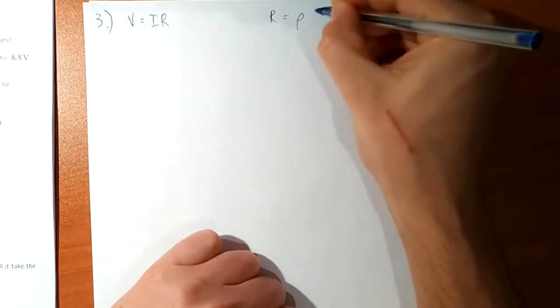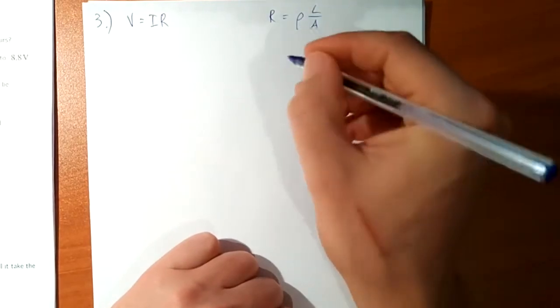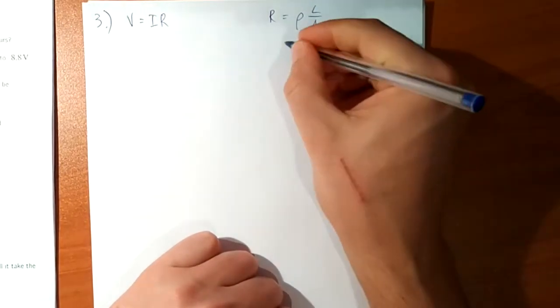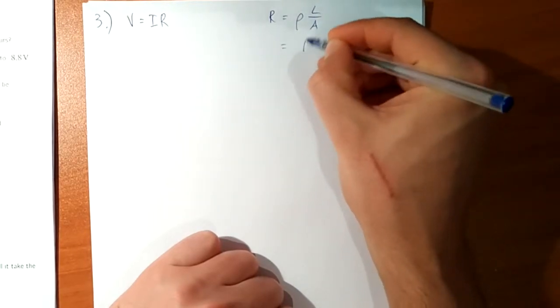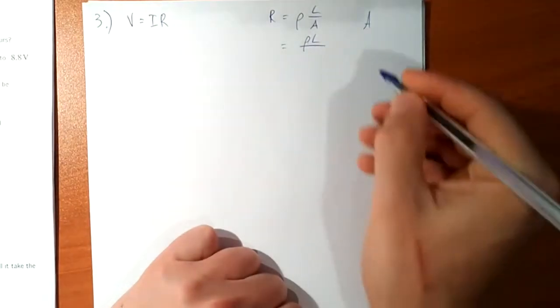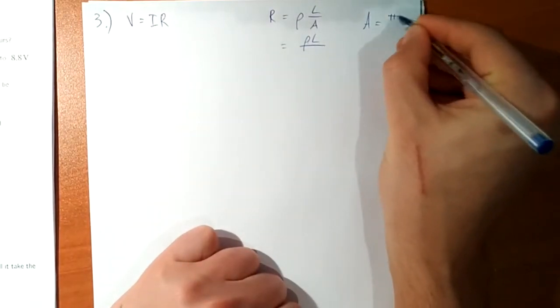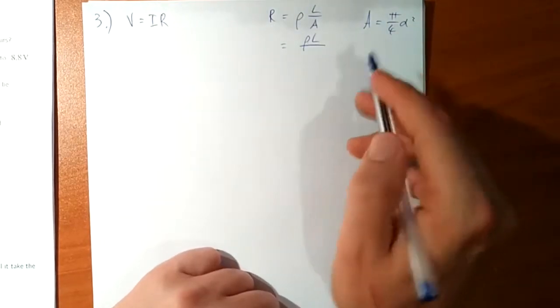Right, so let's use the formula, same one we used in the previous question. So rho L over A, where this will now be the resistivity value for copper, which I can look up. And let's substitute some values. So this is rho L over A, and again I'll use pi over 4 d squared for the area of a circle in terms of the diameter.